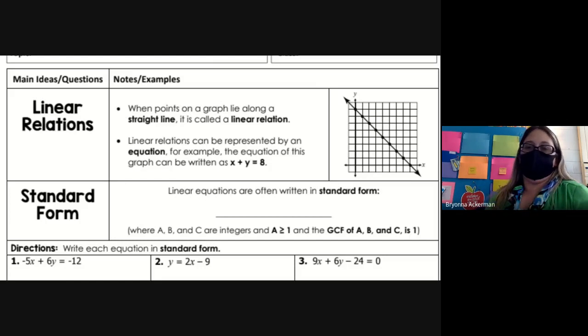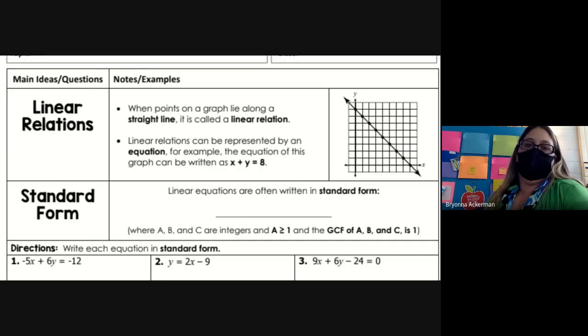All right, so let's look at number 1. Number 1 already has the x and the y on the same side. The problem is A is negative. Remember we said A can't be negative. So to get rid of a negative, I can just divide by -1. But I have to do it to everything to keep it balanced.